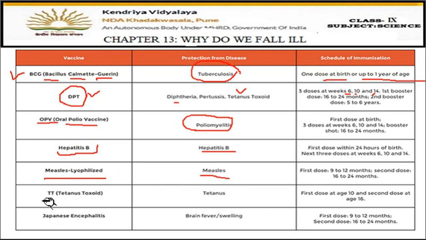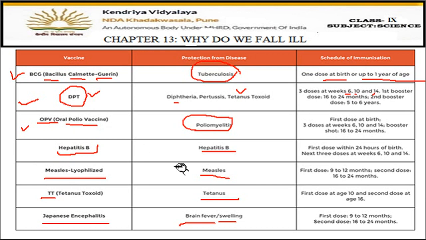Then there are TT injections, tetanus vaccines for the disease tetanus, and Japanese encephalitis, to protect the child from brain fever and swelling in the brain. So these are some of the vaccines. You need not learn all, but BCG, DPT, polio doses and hepatitis B are names you must know, so that if a question comes related to vaccines, you can quote some examples.